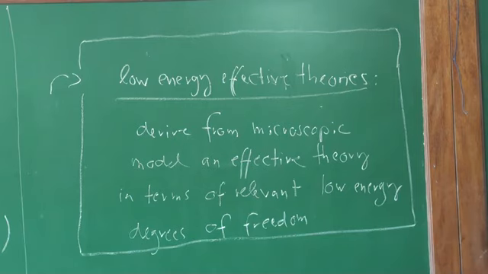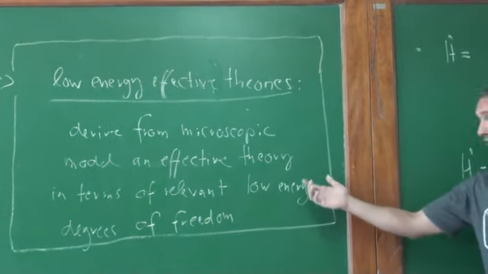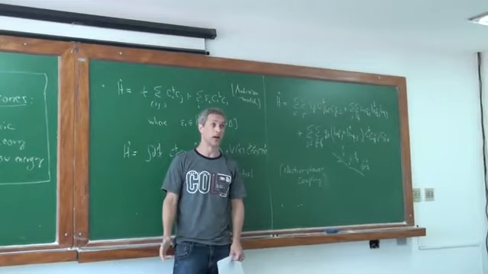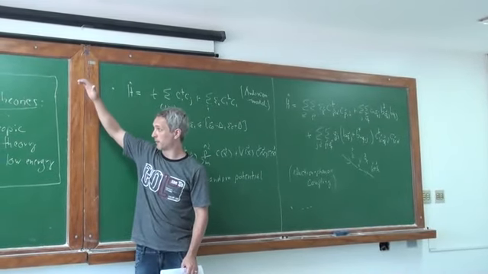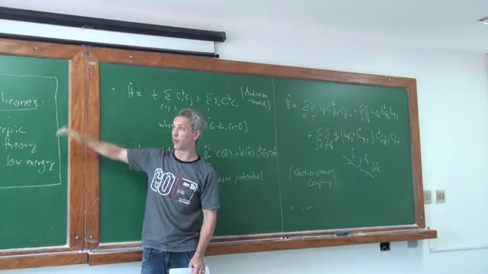You don't want to talk about electrons anymore, but you want to describe the system in terms of some effective or collective degrees of freedom. So the first step is to start analyzing the model to get a feeling of what the relevant degrees of freedom will be. And this will be maybe the first more physical part of the lecture.